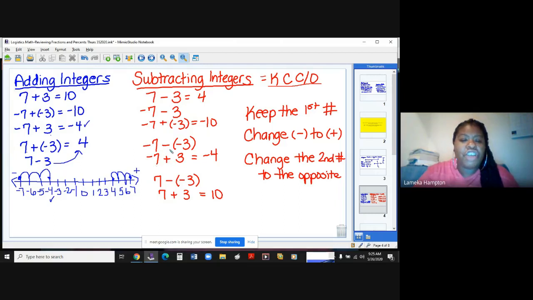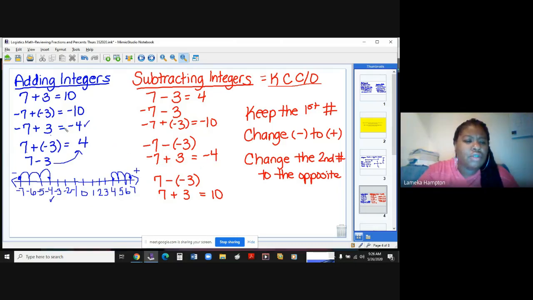I am going to change my subtraction to addition. And I'm going to change the second number to the opposite. The opposite of -3 is 3. So in essence, I have -7 plus 3 is equal to -4.